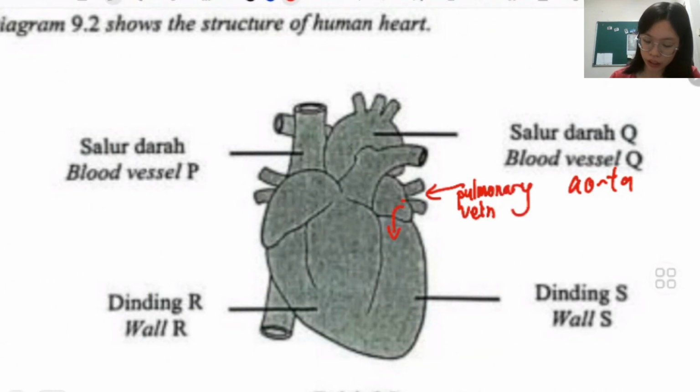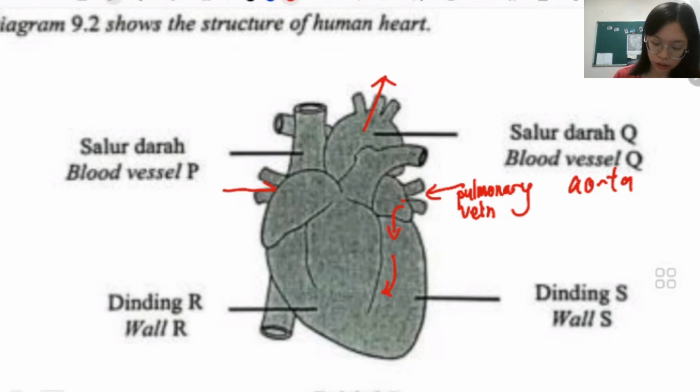Then it enters your left atrium, left ventricle, then the oxygenated blood is transported out of the heart through the aorta, out to your whole body cells. That's why this one is the aorta.